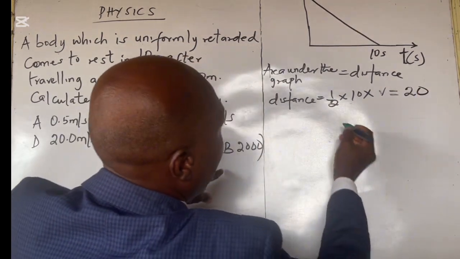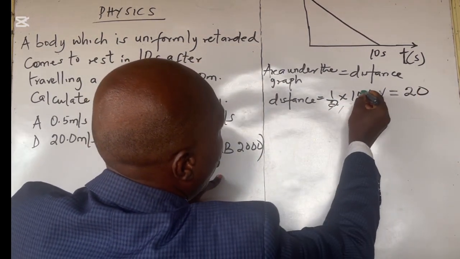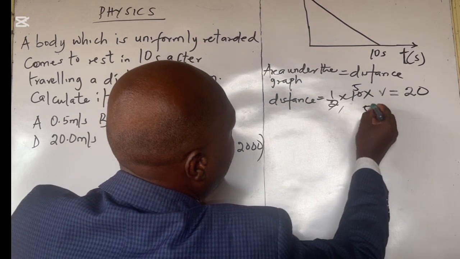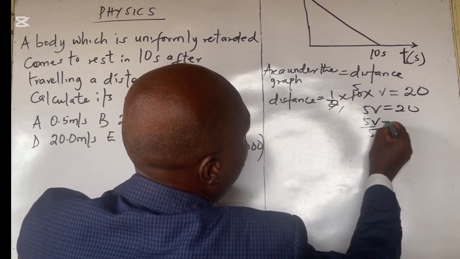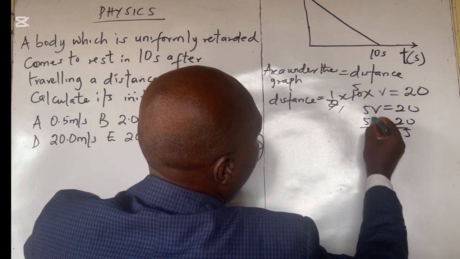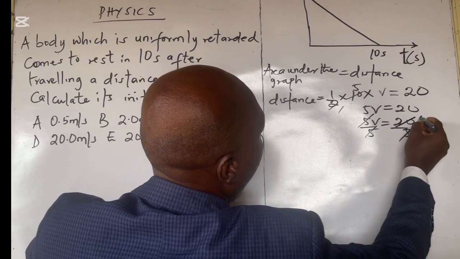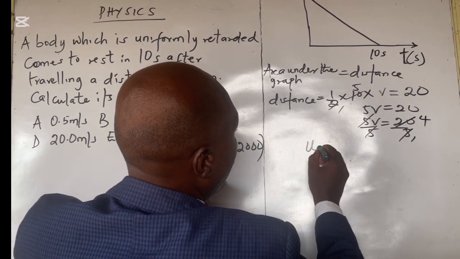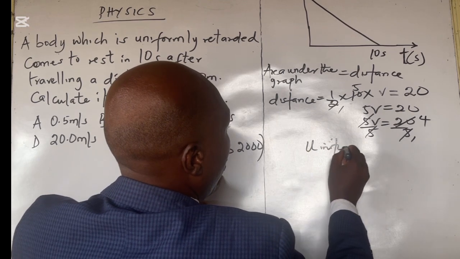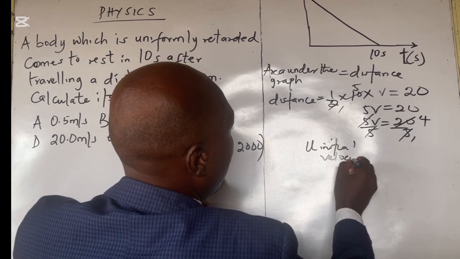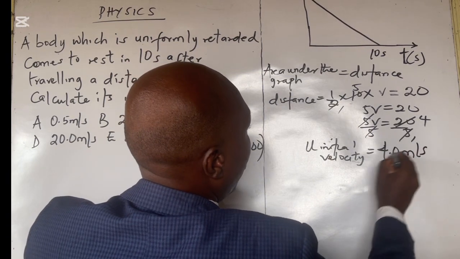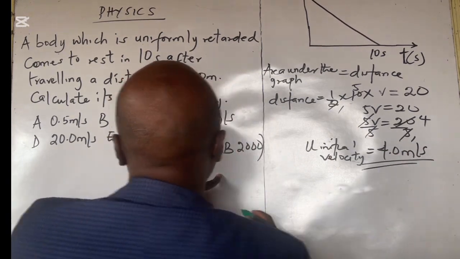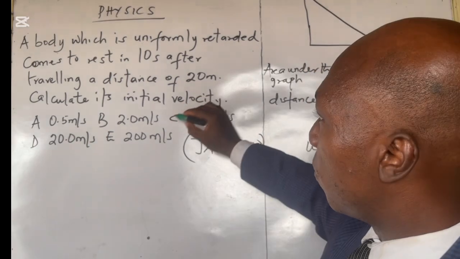So from here we can say 2 here 1, 2 in 10, 5. So 5v equals 20. Divide both sides by 5. So v will be equal to 4. So initial velocity equals 4.0 meters per second. So from our options, we have option C.